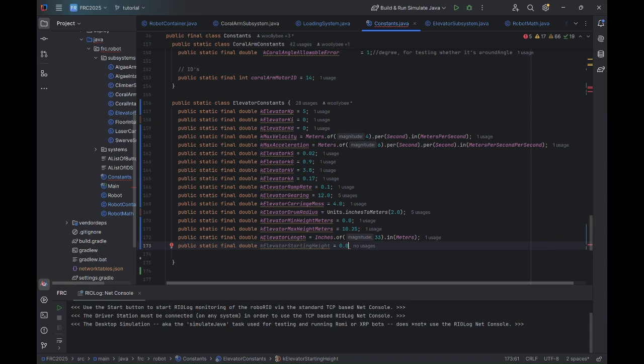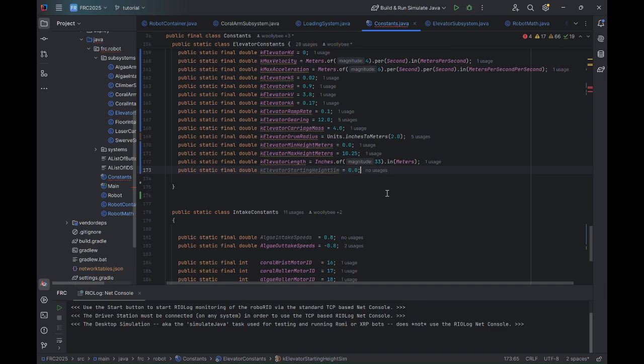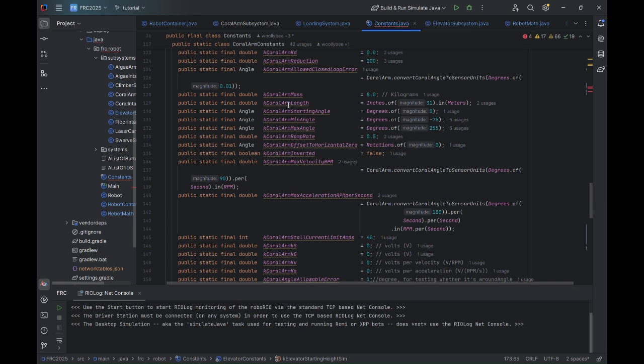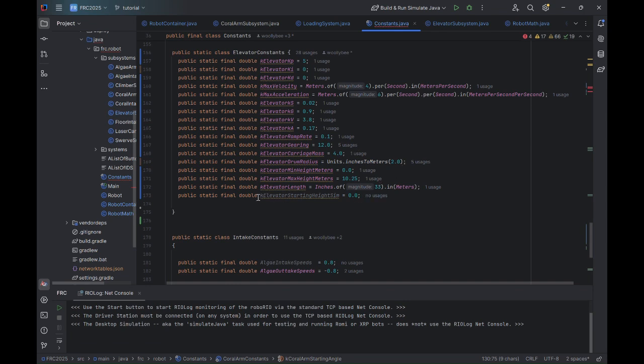Yeah, I guess I'll put this one. So the starting height is starting height sim. Should I put meters? Here it has the starting angle. Okay, I'll put meters probably, because here it specifies the units. So it's like distance.